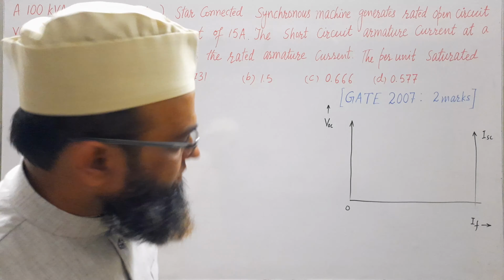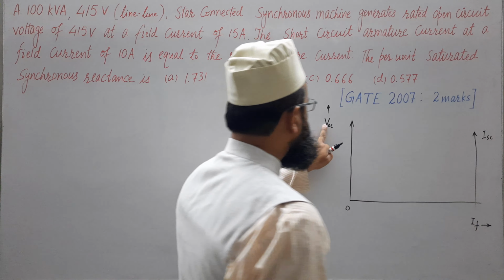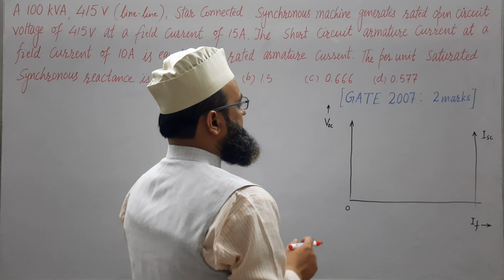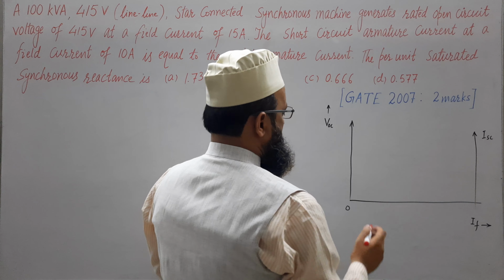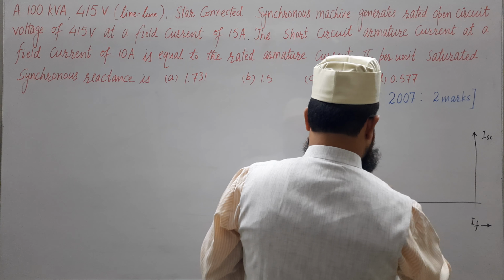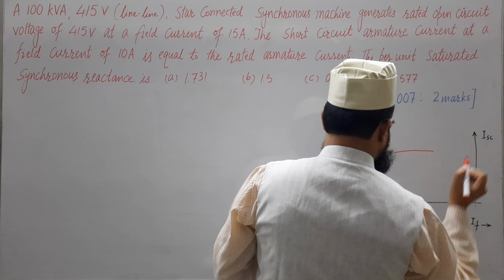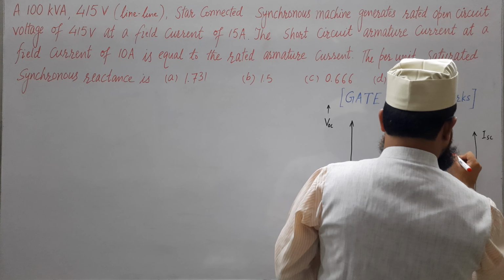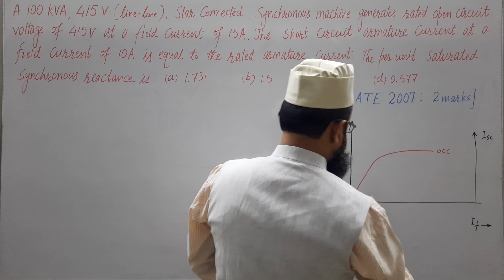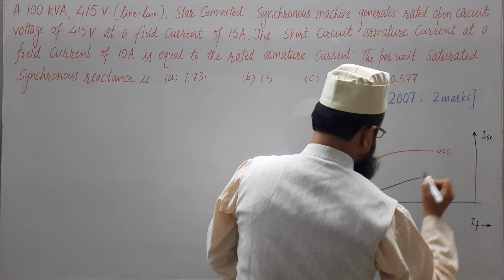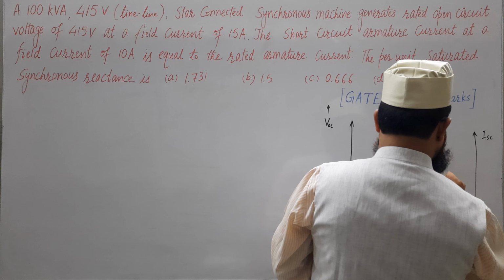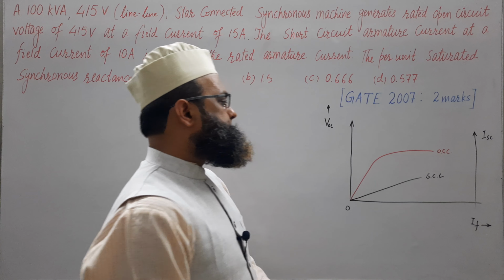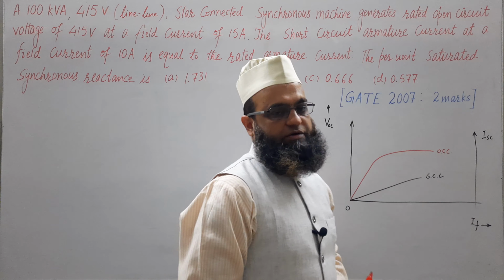One gives the open circuit characteristic under open circuit test, VOC against IF. So suppose this is the OCC, you may mark OCC, and this is our SCC, the short circuit characteristic, between ISC and IF.